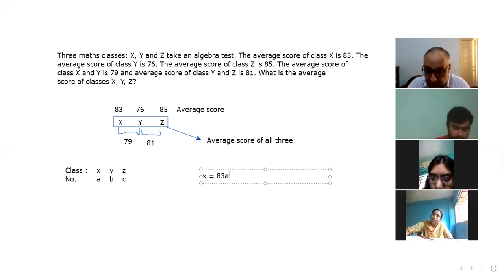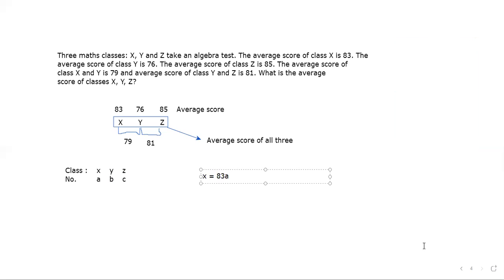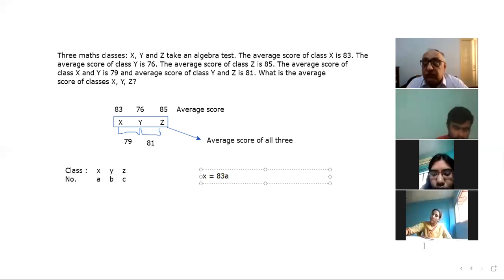If anybody has any doubt, please ask me. If anybody feels uncomfortable in class, please let me know, otherwise my purpose would be defeated. So the total score of X is 83A, it is clear, right?